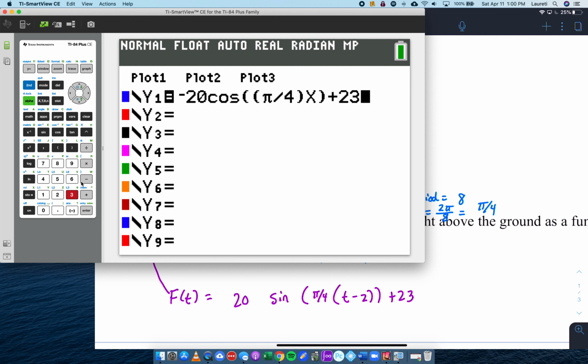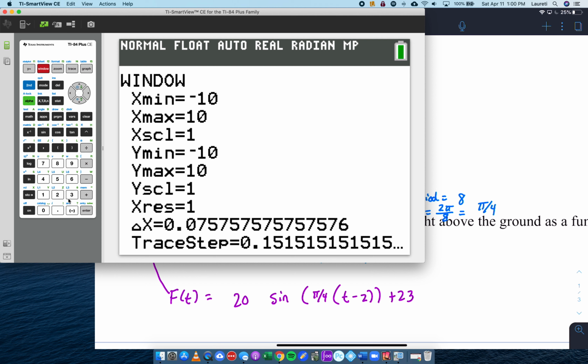Now what I want to do is change my window so that it looks like what I just drew on my paper. So go to window, and we'll do 0 to 9 seconds, or 0 to 10 is fine, just so you see the whole graph.